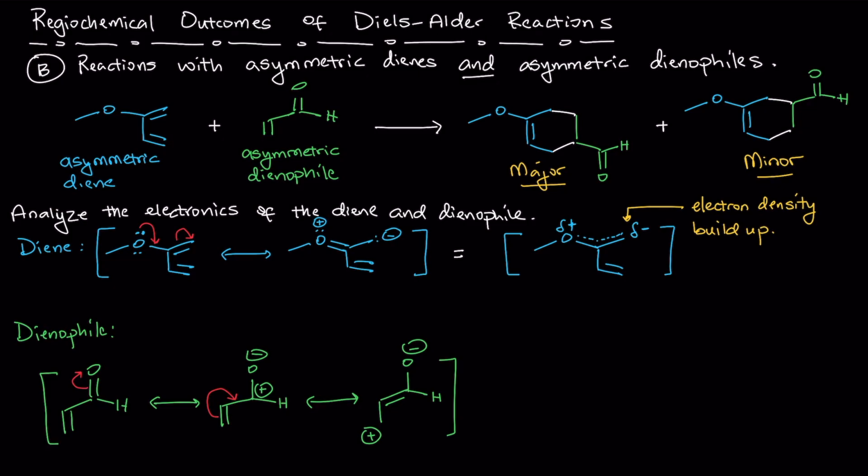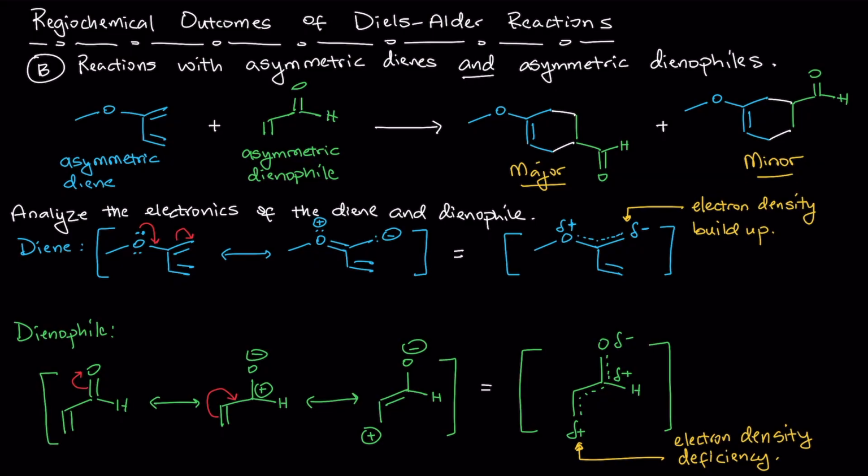And so if we draw out our resonance hybrid, we see that one end of our dienophile is actually deficient in electron density. Okay, so we're focusing on this hybrid because that helps us understand the more realistic electronics of our diene and our dienophile.